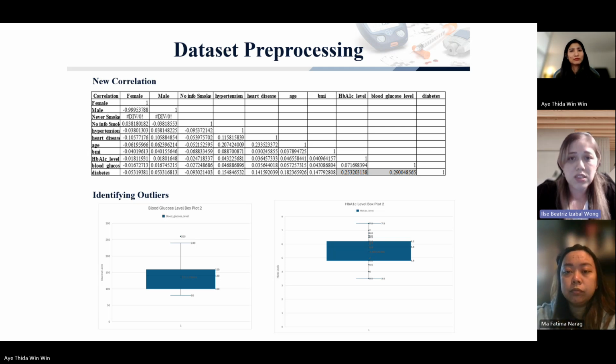Then, with this new dataset, we needed to identify new outliers, in which we found for blood glucose level far fewer, only one numerical value, and for HbA1c level, they were removed completely.